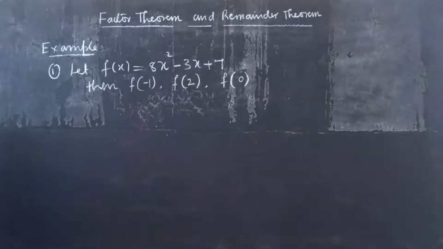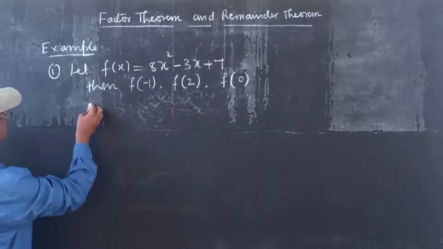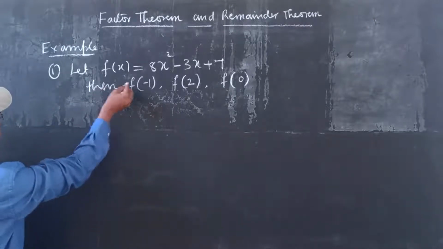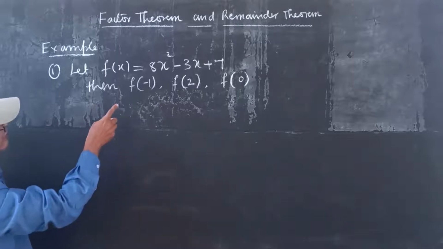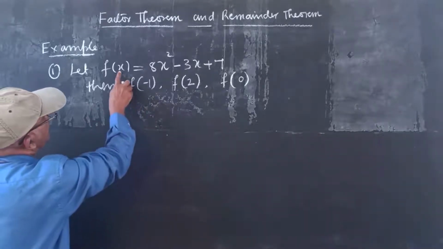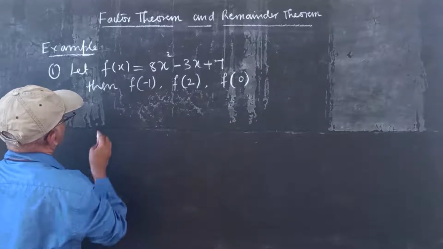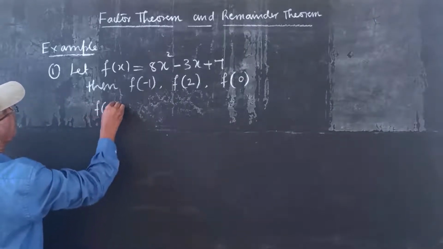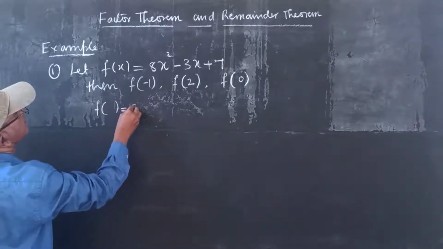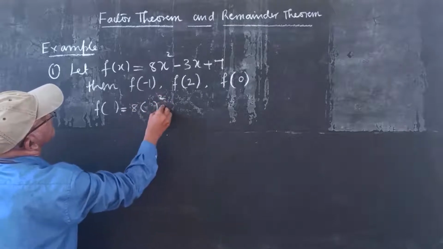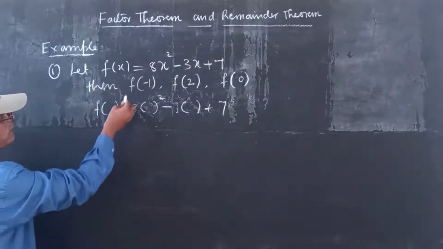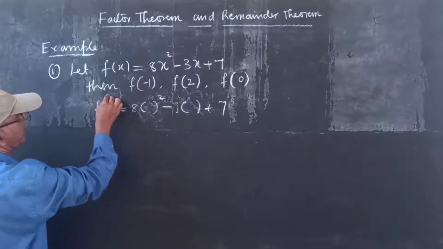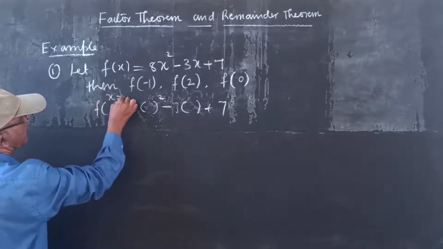Now we shall find them one by one. First we shall find f of minus 1. In this step, we should replace the x value with minus 1. So in x place, I should write minus 1, that is, x is equal to minus 1.